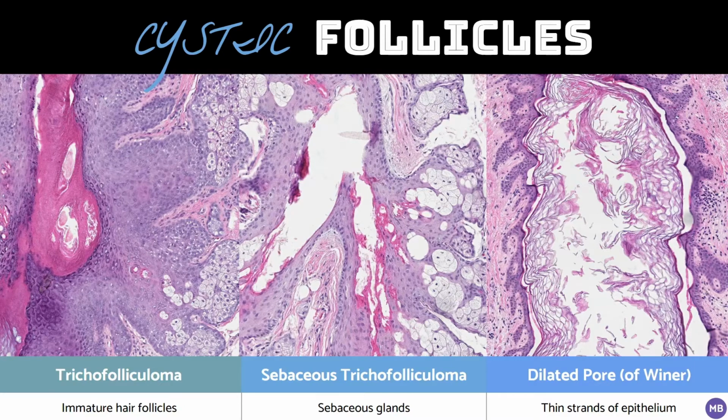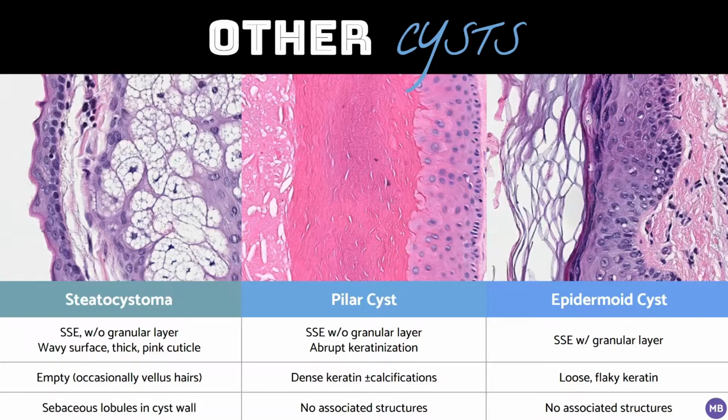Dilated pore of Winer is essentially just a dilated hair follicle, with nothing coming off of it except for some occasional thin, finger-like projections of epithelium. The last differential, which I unfortunately couldn't find an example of, is pilar sheath acanthoma, which is similar to dilated pore of Winer, except the epithelium is thickened with bulbous projections.